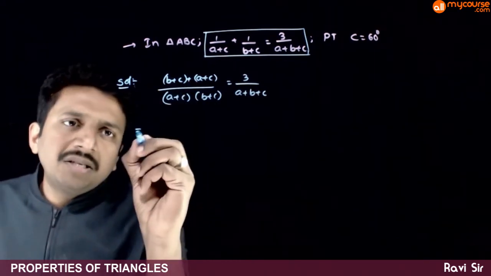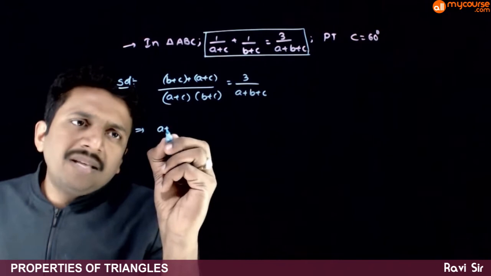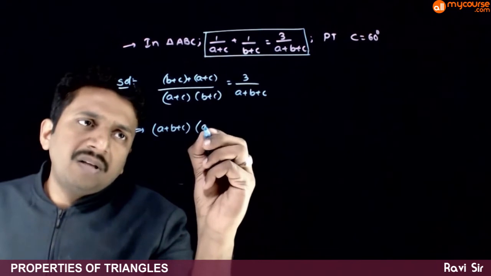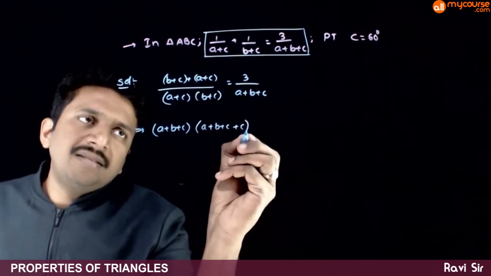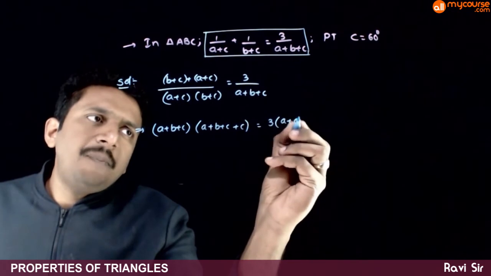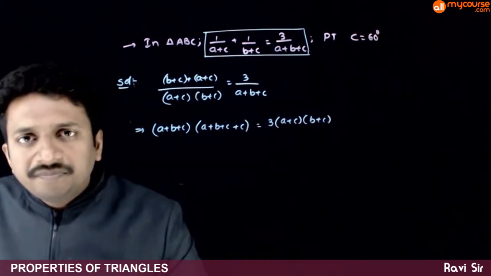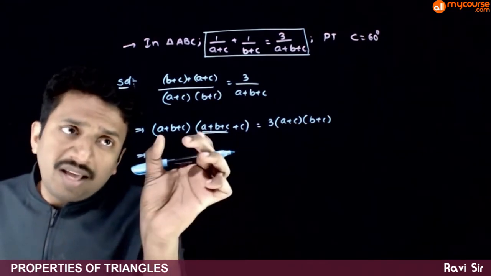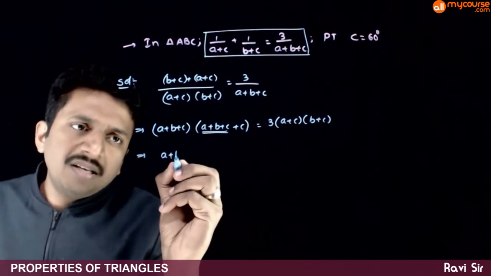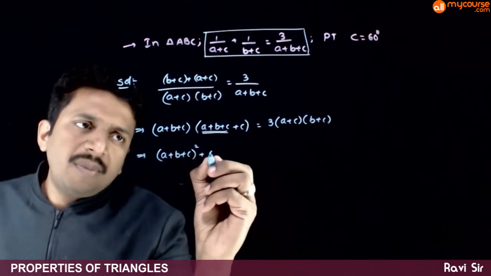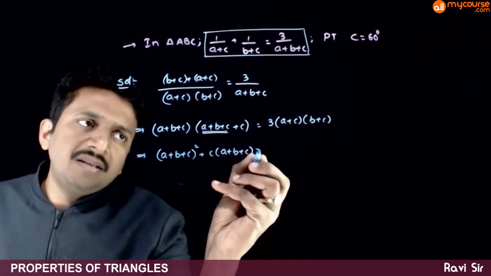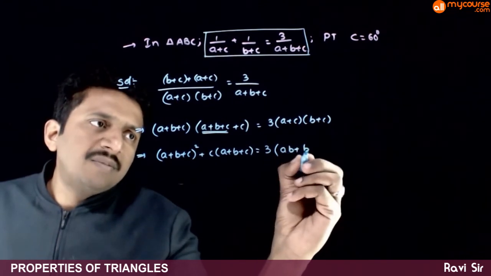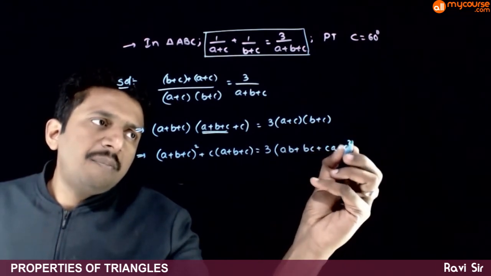So if you do the cross multiplication, you get A plus B plus C times, you have A plus B plus C plus another C, is equal to 3 times A plus C times B plus C. So if you expand the bracket in this way, A plus B plus C into A plus B plus C, so you have A plus B plus C whole square plus C times A plus B plus C is equal to 3 times, if you multiply these two, you get AB plus BC plus CA plus C square.